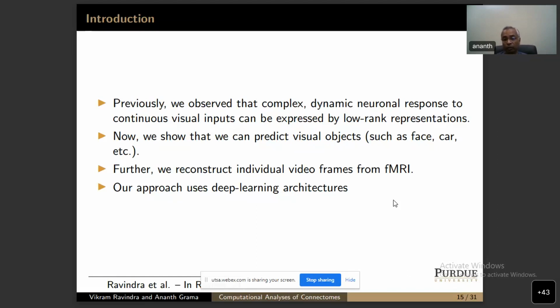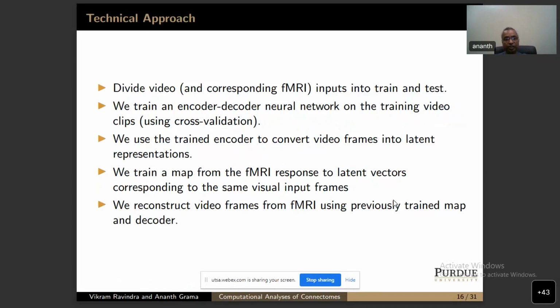And we can do that quite well. And we can reconstruct individual video frames from your fMRI. So this is really cool. So you're in an MRI machine, you're watching a movie, I'm looking at your MRI, and I'm actually telling you what it is I think that you're watching. So basically this combines the attributes that we've drawn from the first part, the representations we've drawn from the second part, and a whole bunch of deep learning architectures that we built to do the reconstruction and prediction.